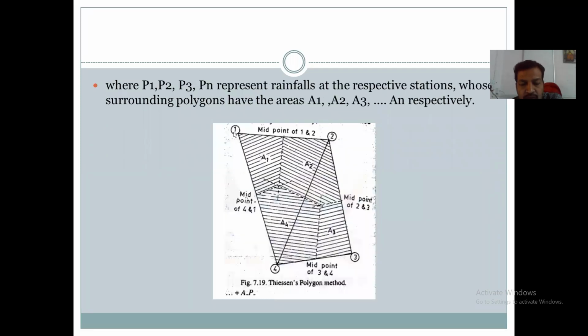So the entire area is given to sub parts.